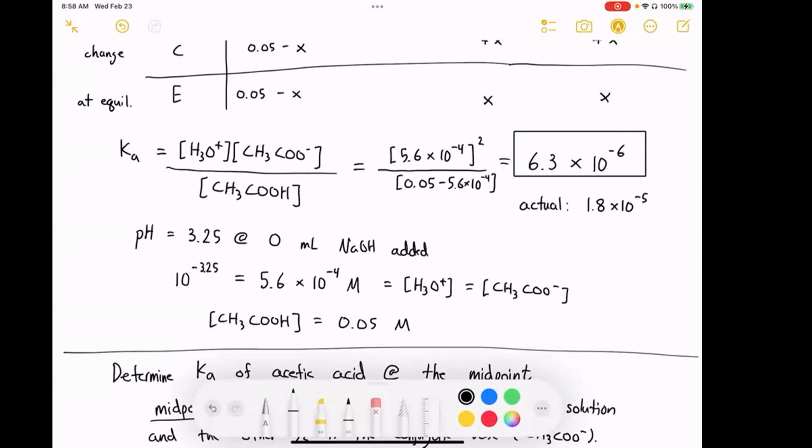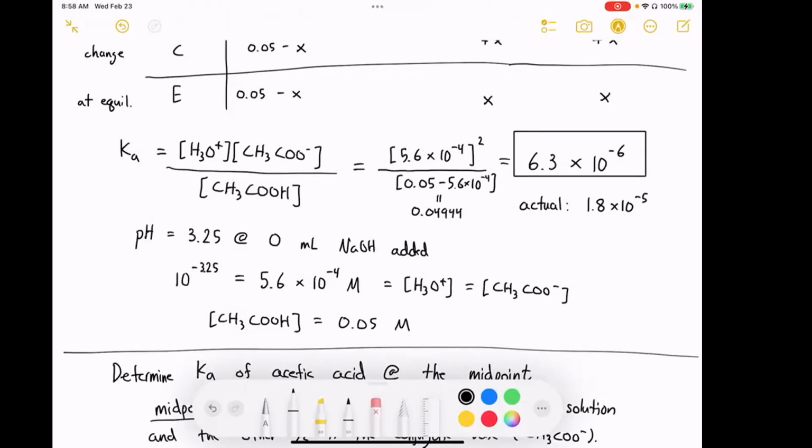So let's go back and calculate that. My apologies. So we get 0.05 minus 0.0056. And you notice that's going to be really small still. And this turns out to be 0.04944. So not a big difference, but still it will affect our calculations.